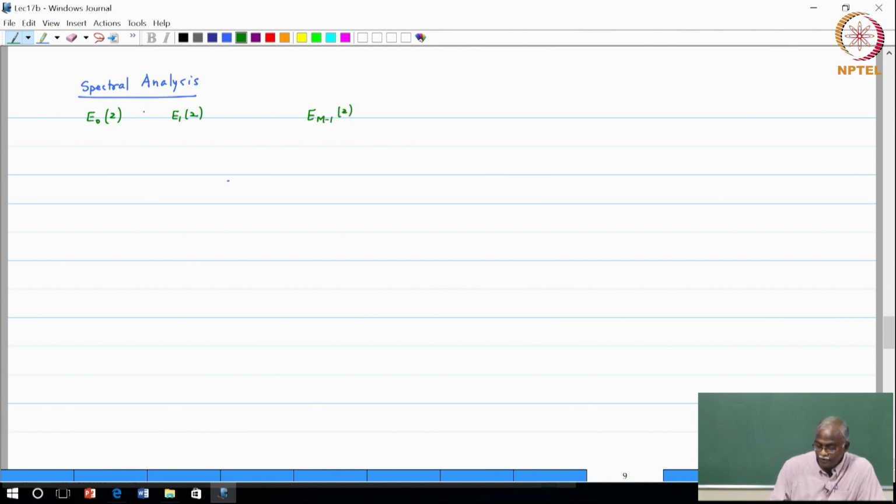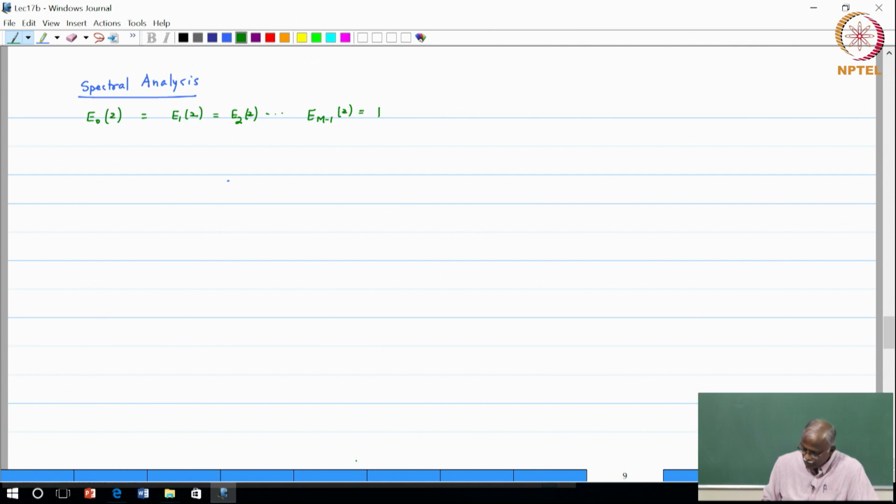The special case that we are going to consider is that E naught, E1, E2, dot dot dot, all of them are equal to 1. That means they are all scalars, not polynomials, they are just equal to a constant. Now, it is very important for us to analyze what is going on.